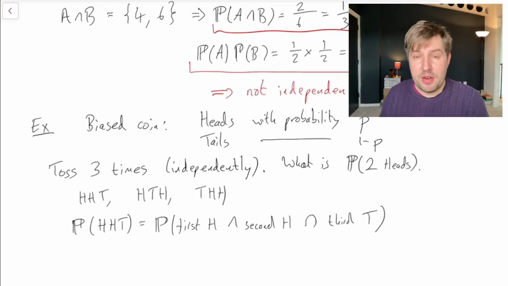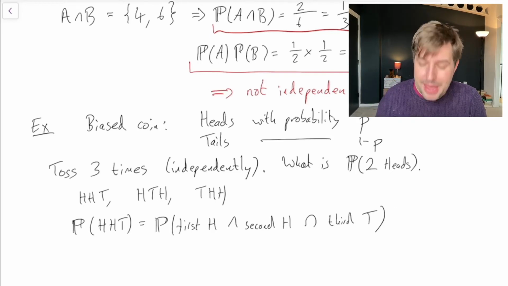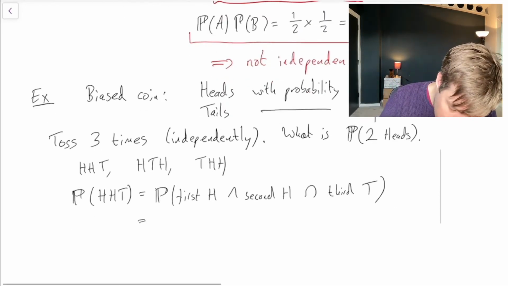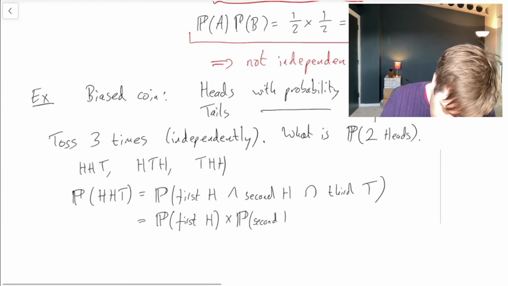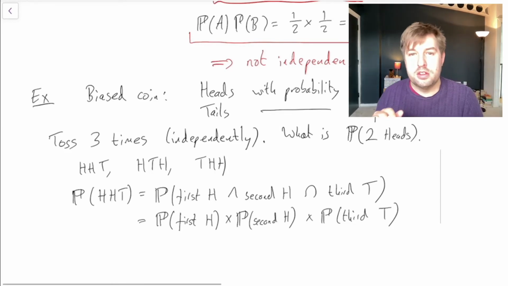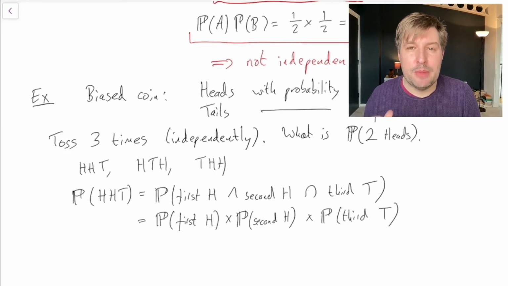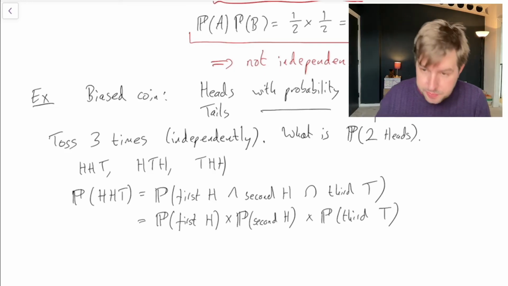But because they're independent, because we're told these are independent, we can split this up into multiplying. So it's the probability the first is heads times the probability the second is heads times the probability the third is tails. And we can do that because they're independent. We can't always do that, but when we have independence, we can do that.